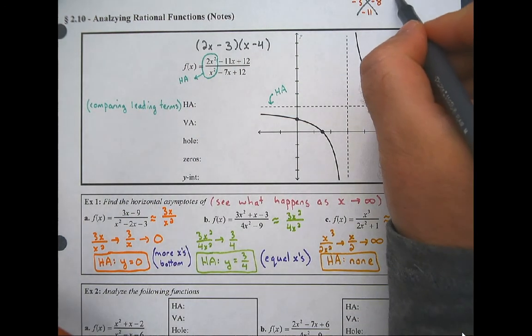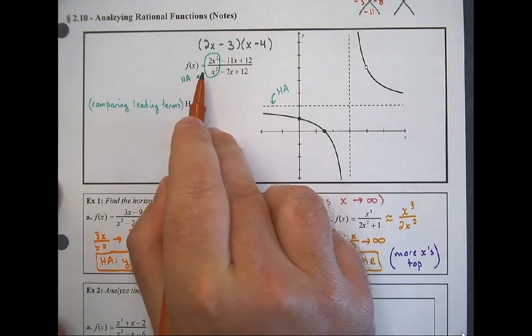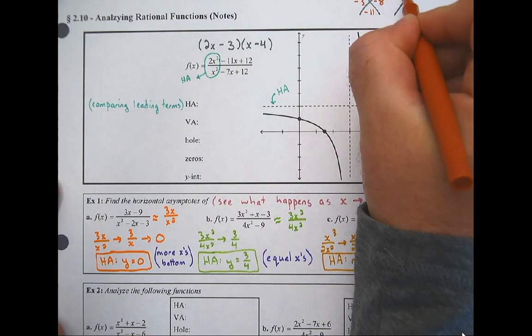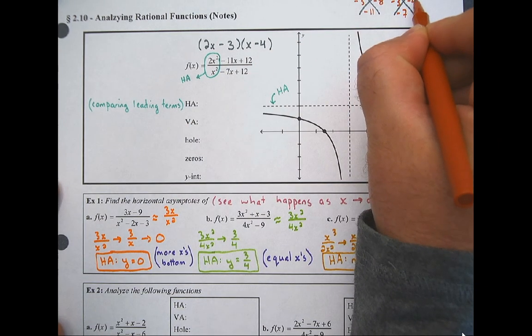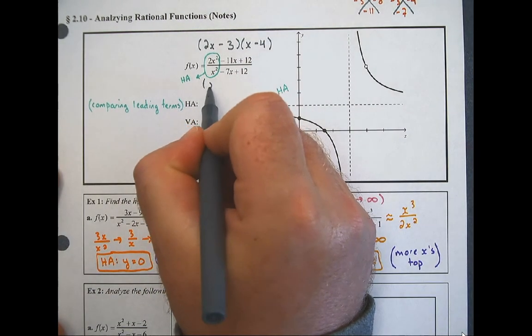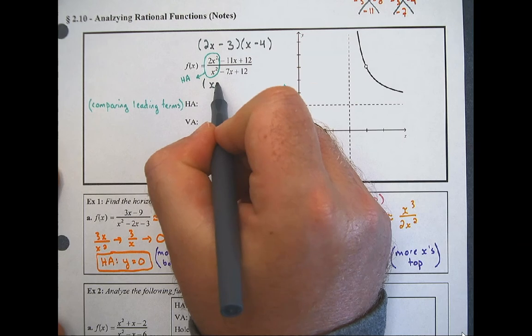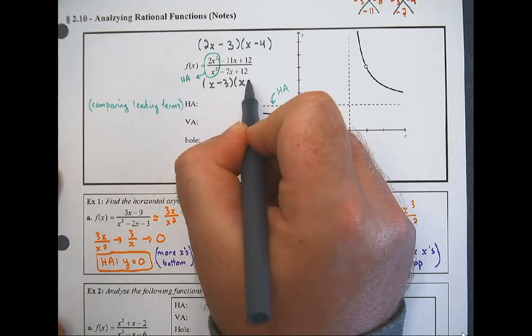Then I'm also going to factor the denominator here. So that's 1 times 12 is 12. That makes a negative 7, so that's negative 3 and negative 4. So this then factors into x subtract 3 and x subtract 4.